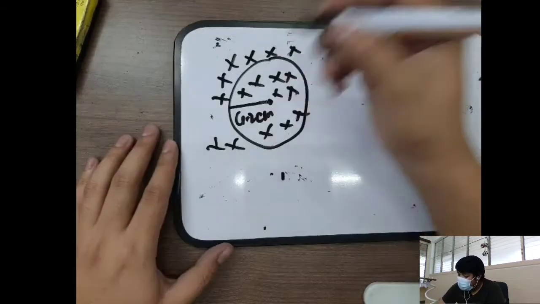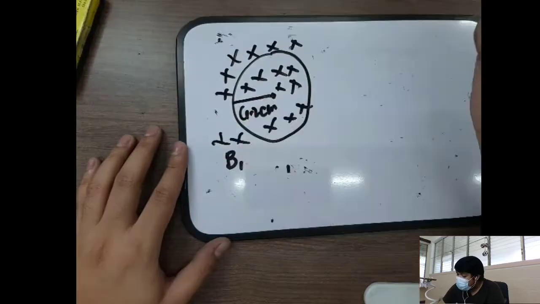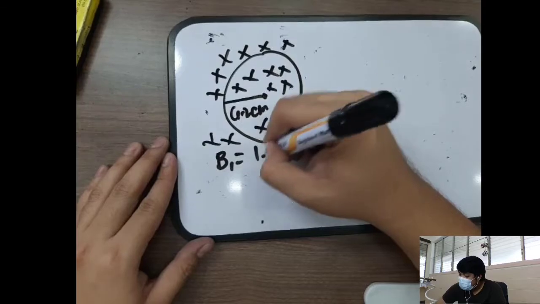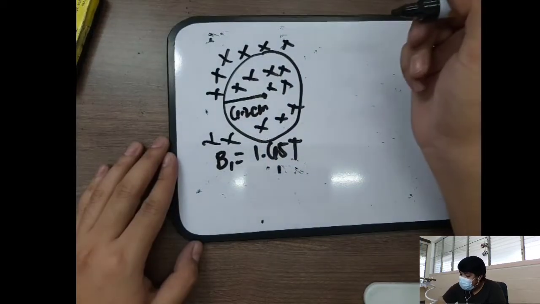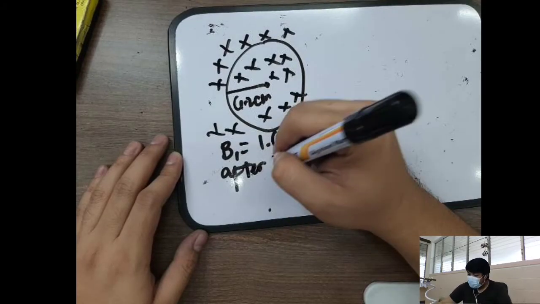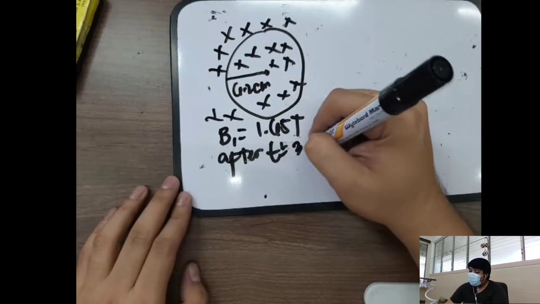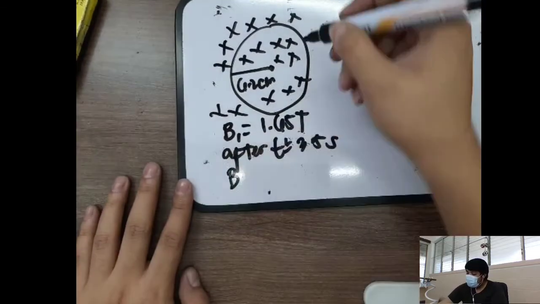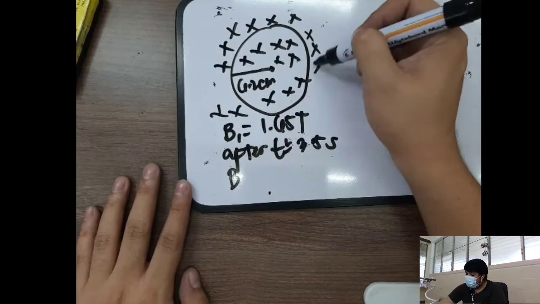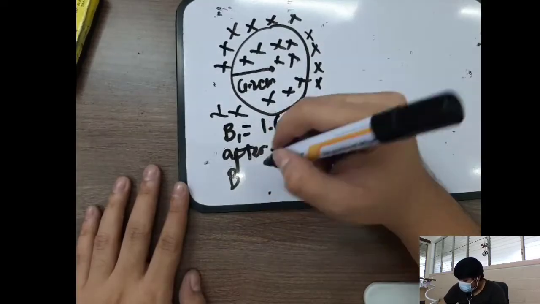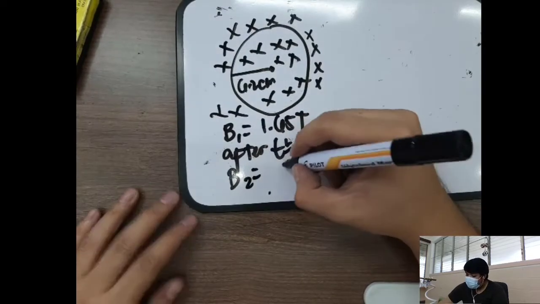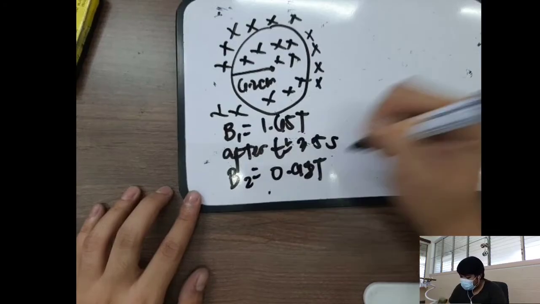The initial magnetic field strength is equal to 1.65 Tesla. After a time of 3.5 seconds, the magnetic field strength experienced by the metal ring decreased from 1.65 Tesla to 0.98 Tesla.